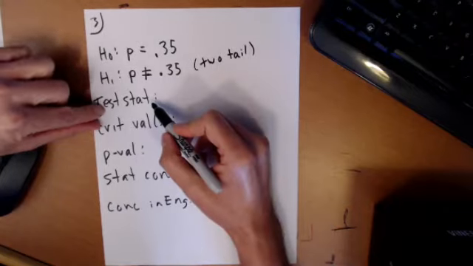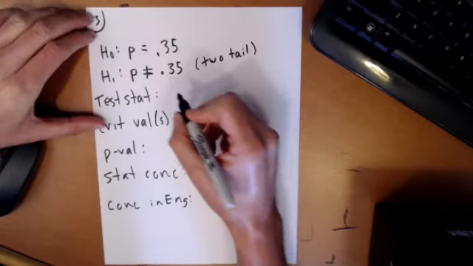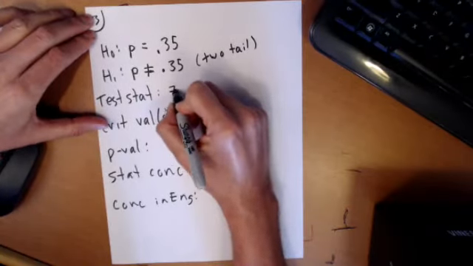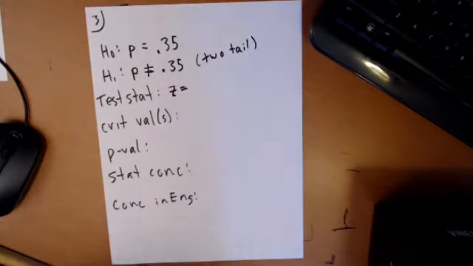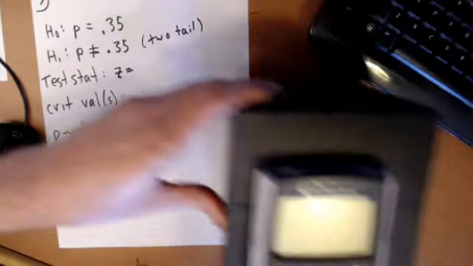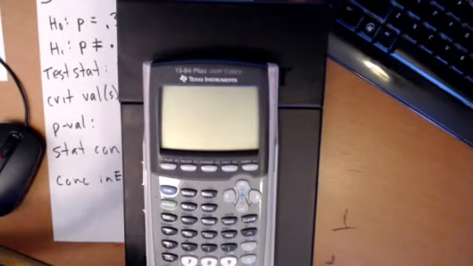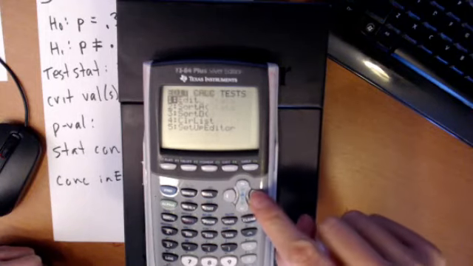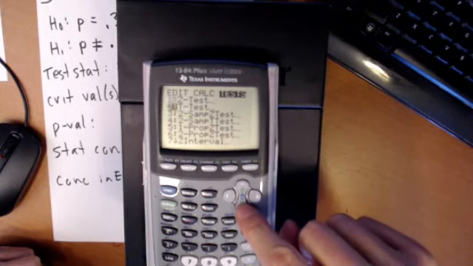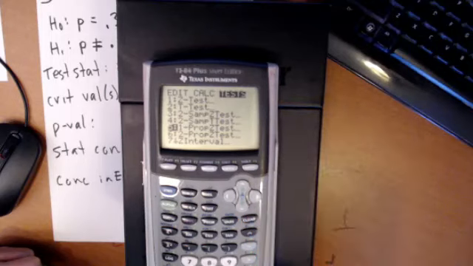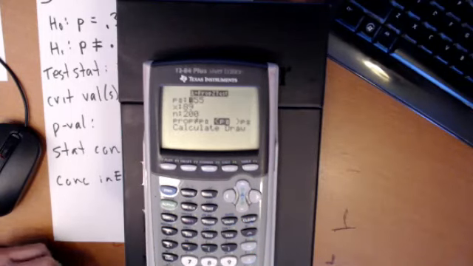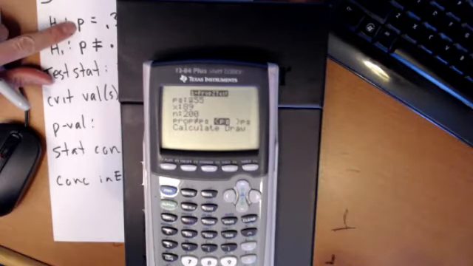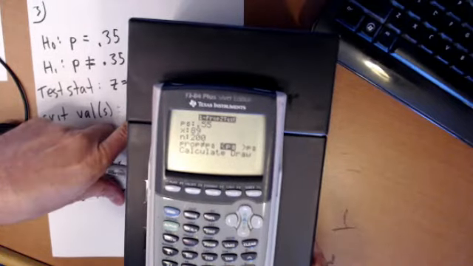But let's do our test stat now. I'm going to throw everything into the calculator. Z equals. Let me bring my calculator over here. On. So it's a one prop Z test: go to STAT, slide over to TESTS, slide down to 1-PropZTest. P0, the null says it should be 0.35.